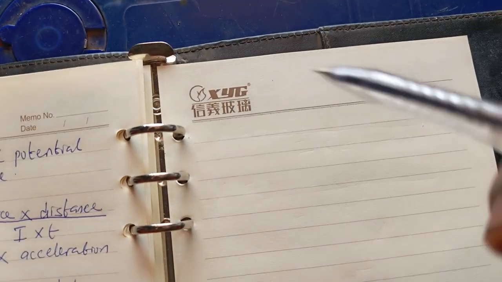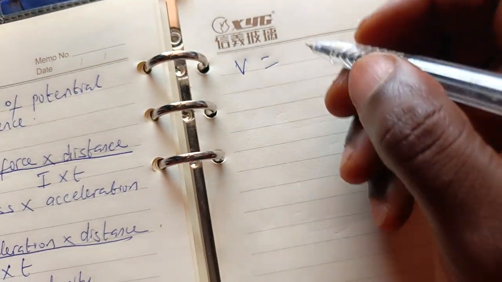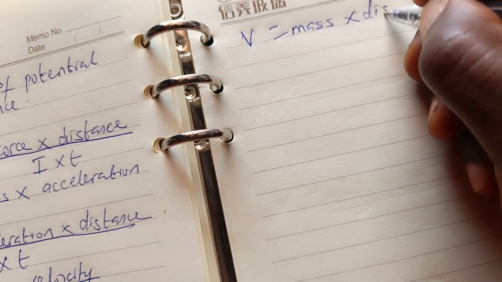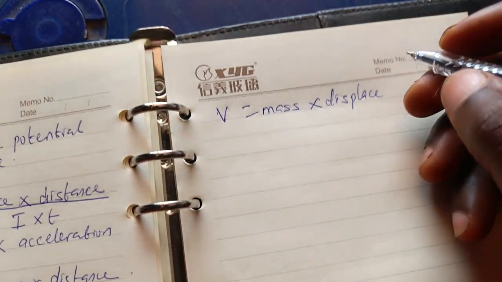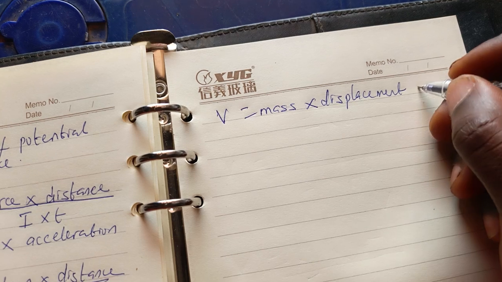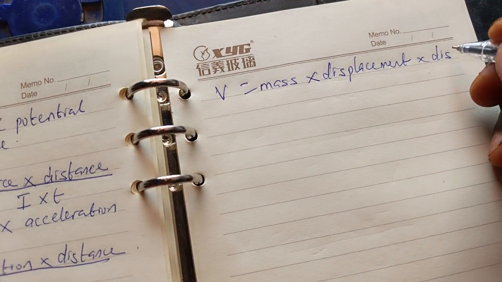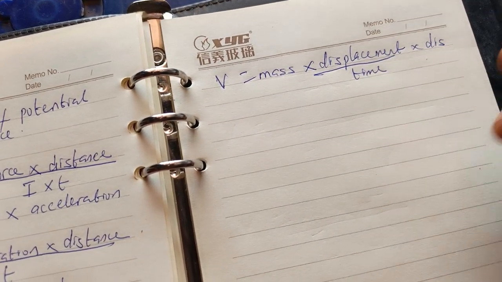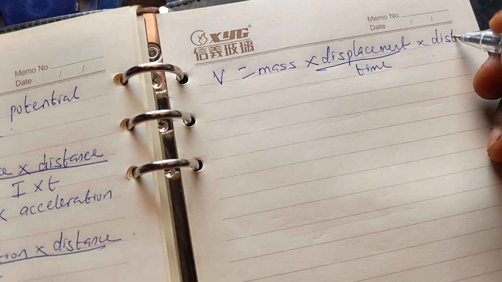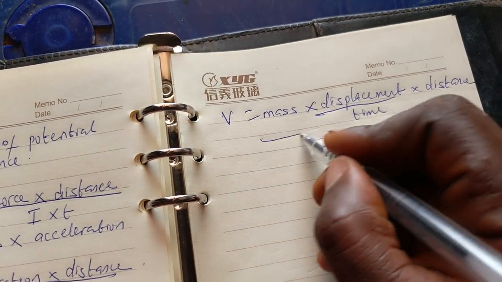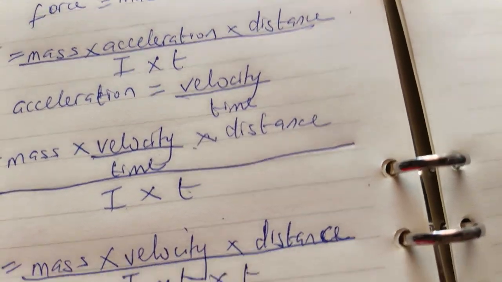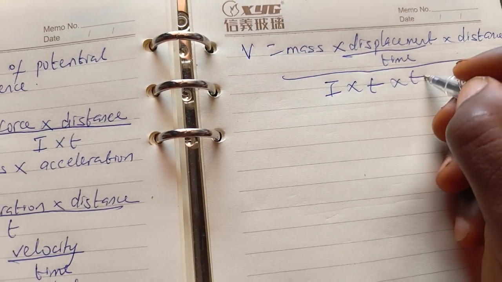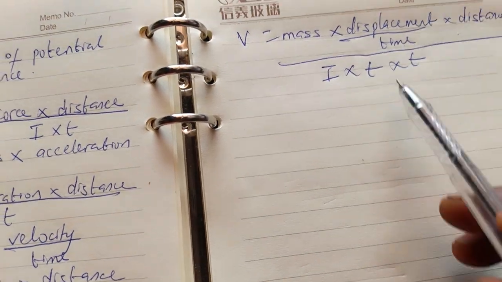So potential difference will now give us mass times displacement over time times distance divided by current times time. Good. Now this time will come down as well.